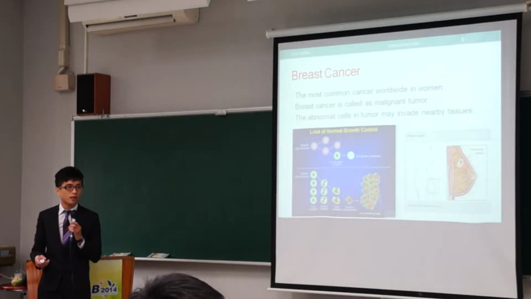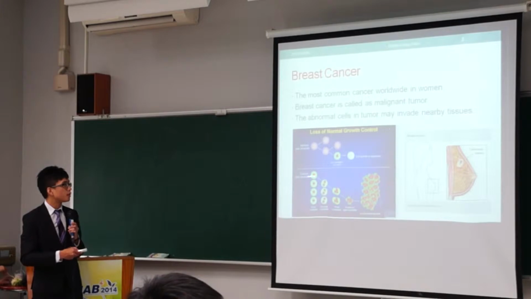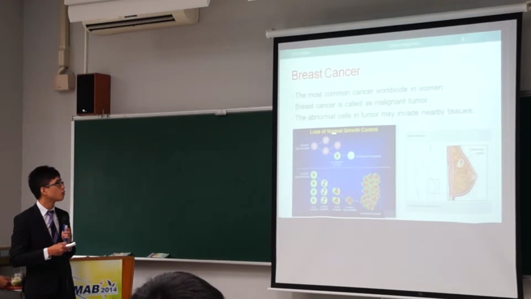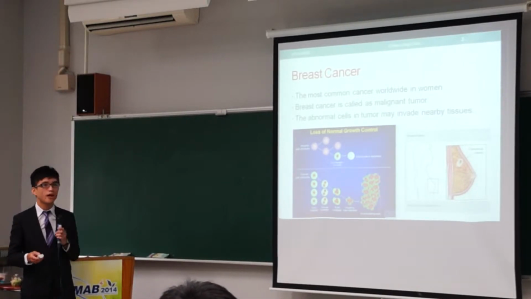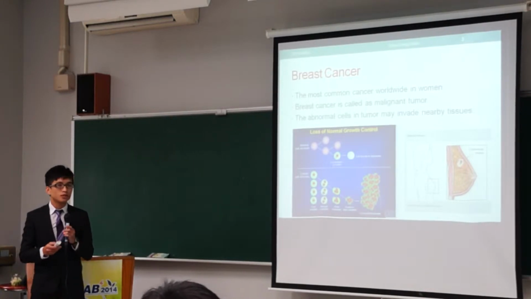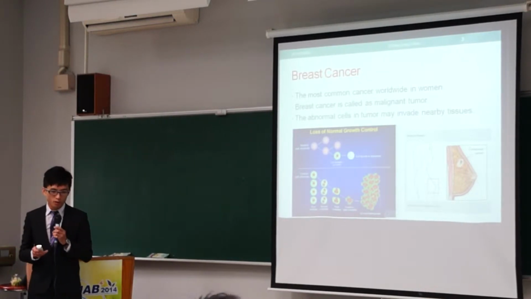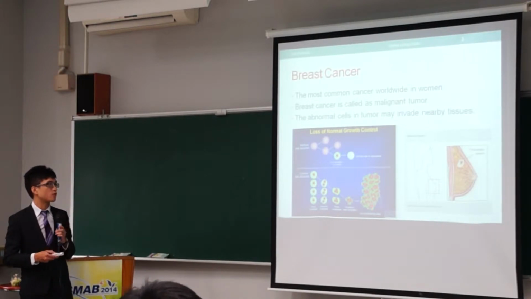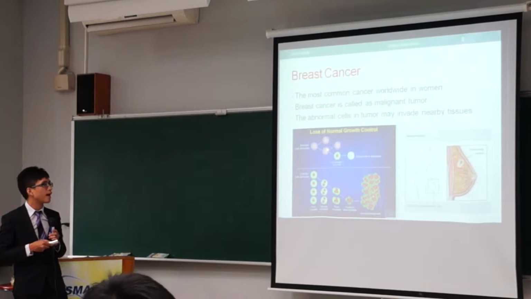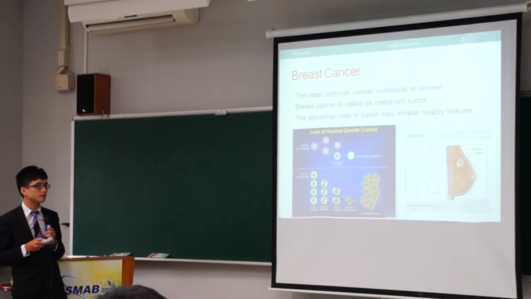So, what is breast cancer? The left picture shows the process of cell division. The normal cell can grow and divide to form a new cell. When normal cells grow old or get damaged, like this green cell, they will die, and other cells can take their place.